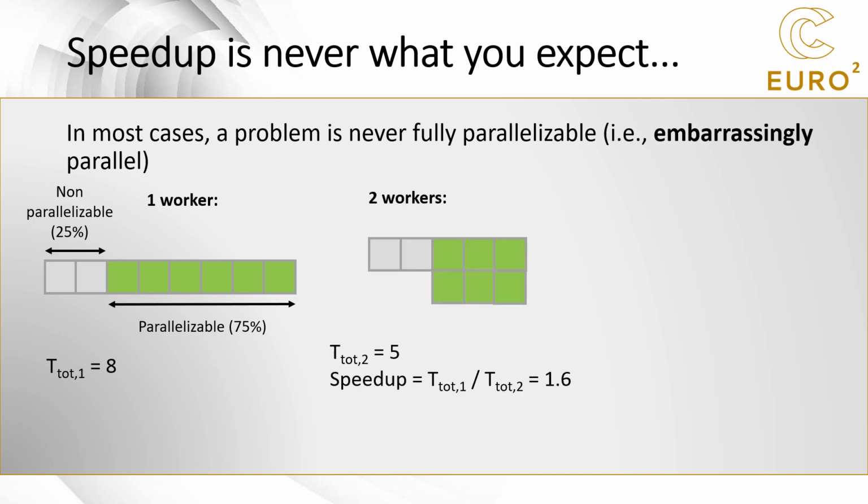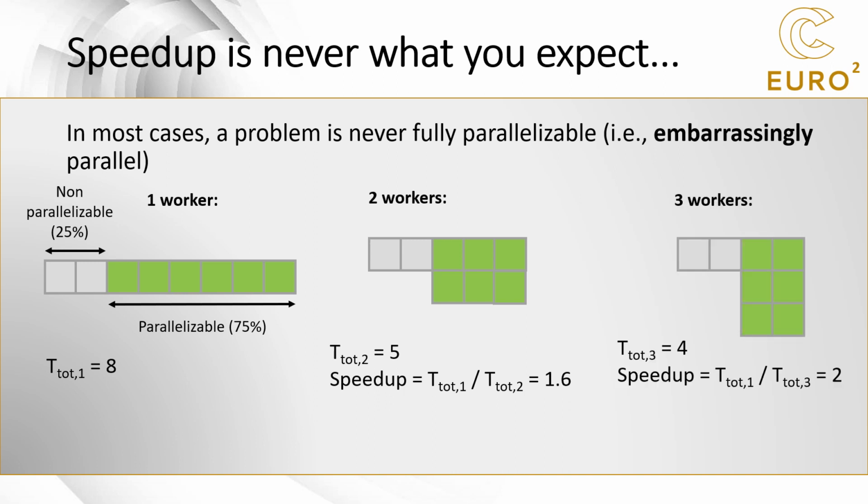If 75% of the time spent is in a part of the code that is parallelizable, so 6 hours, then with 2 cores, the time duration will be 2 plus half of 6 equals 5 hours, which corresponds to a speedup of 1.6. With 3 workers, the time duration will be 4 hours, so a speedup of 2.